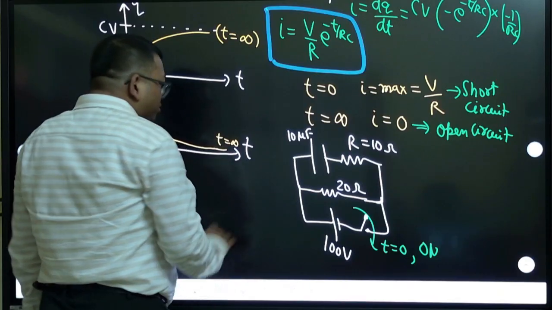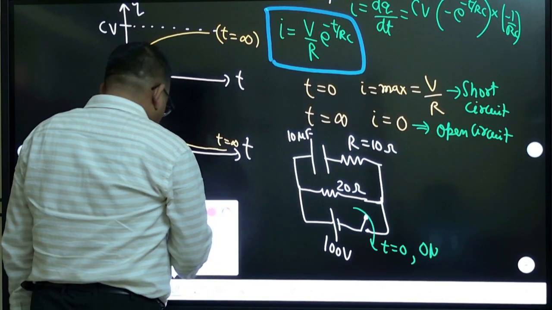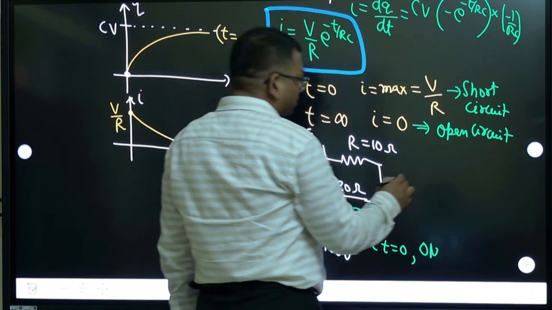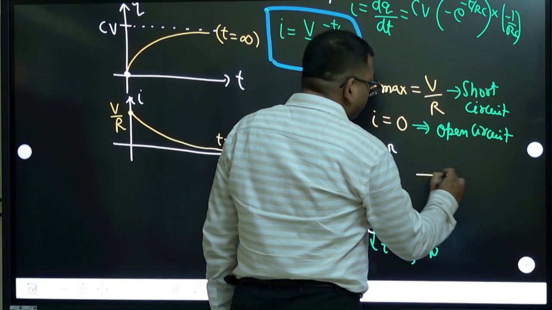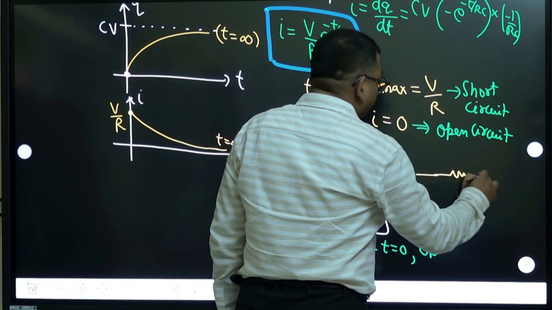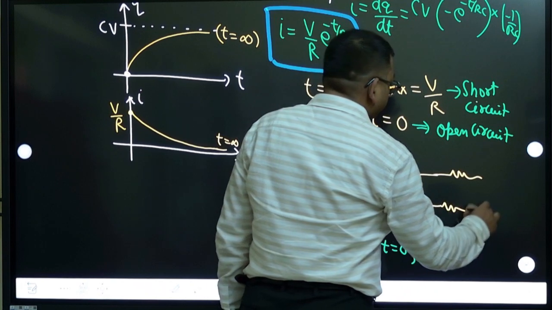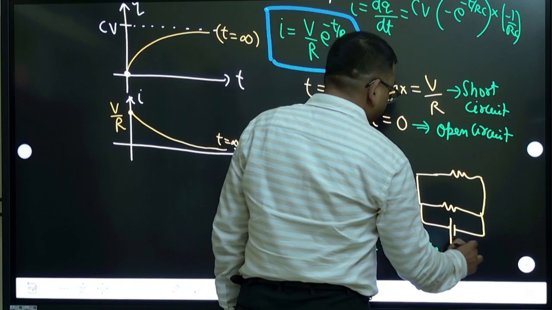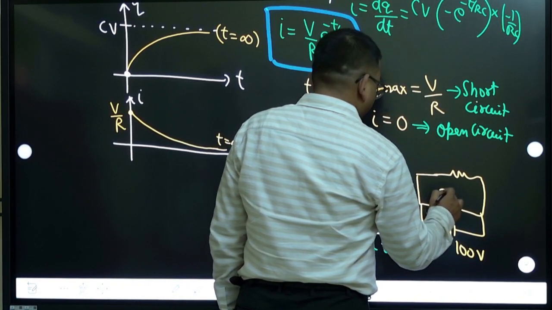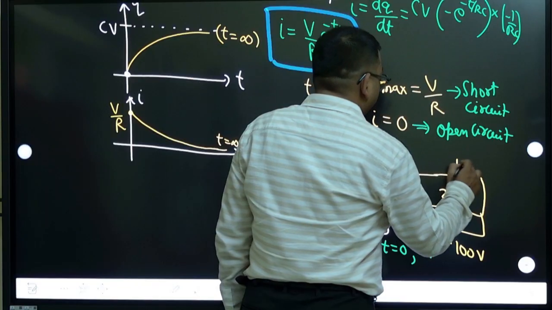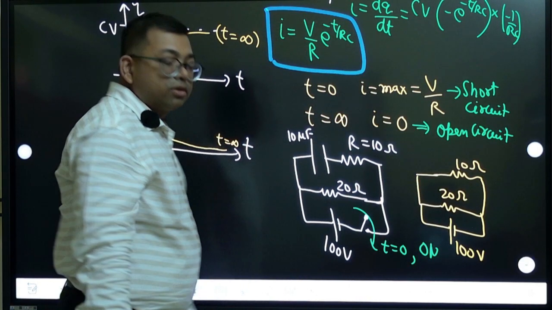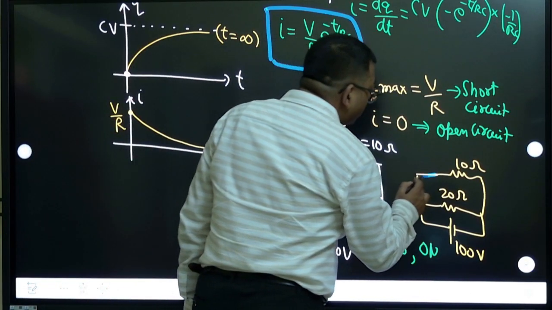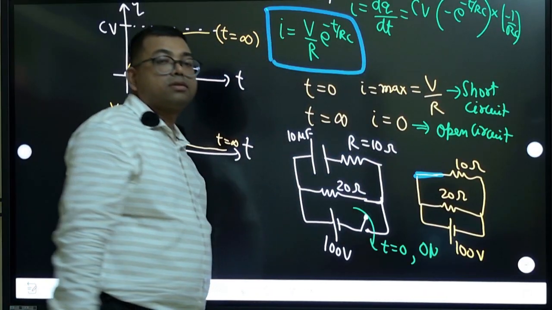Maximum current means short circuit, which means you can just remove the capacitor and keep the upper resistance and lower resistance. This is 20 ohm and 10 ohm. That is what is meant by short circuit: the capacitor which was there is gone now.